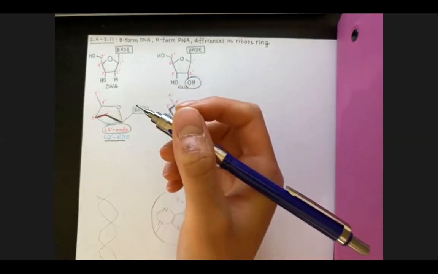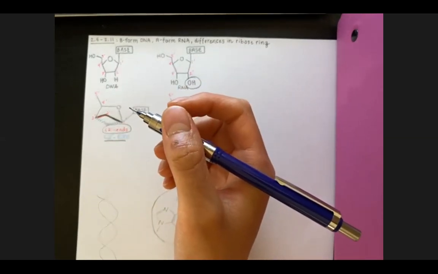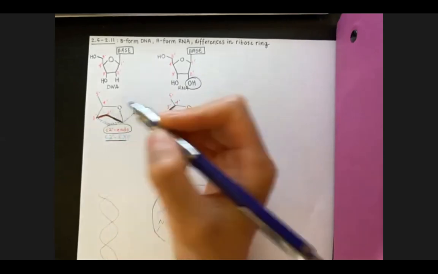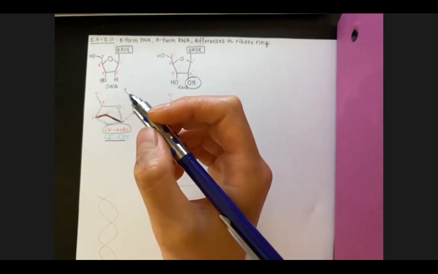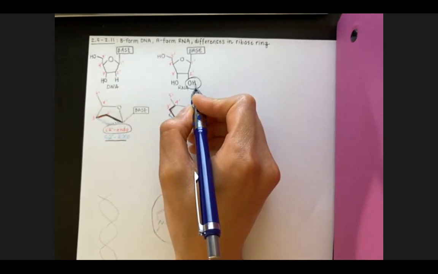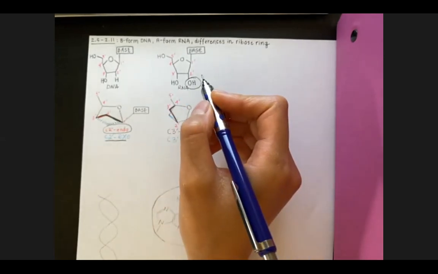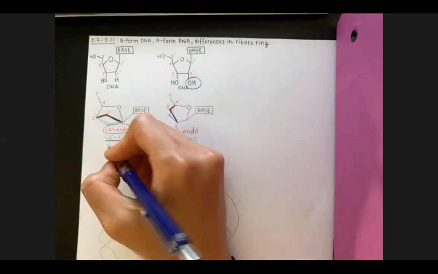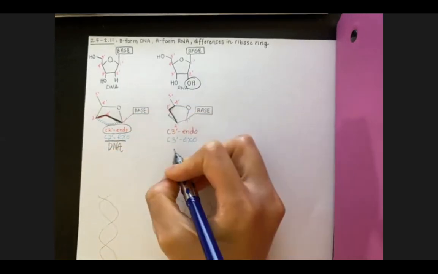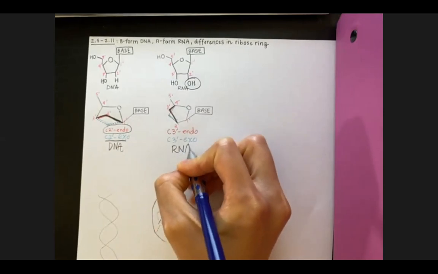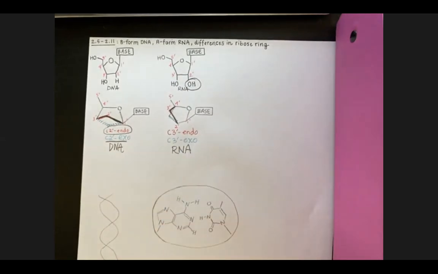And so if RNA were to adopt the C2' endo form, then you would have steric clash between the 2' OH and the 3' phosphate. So only DNA here, and RNA will adopt the C3' endo form. And these sugar forms are important because this will dictate different helical structures for DNA and RNA.